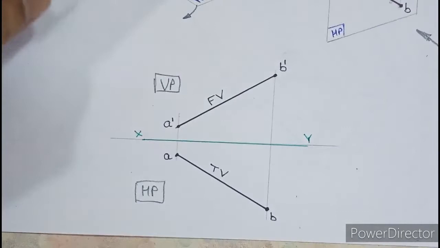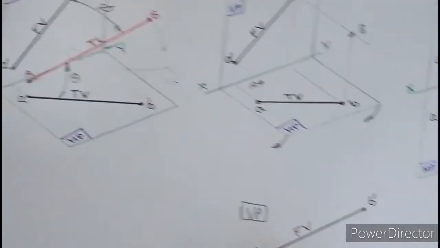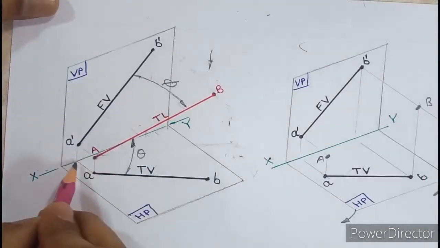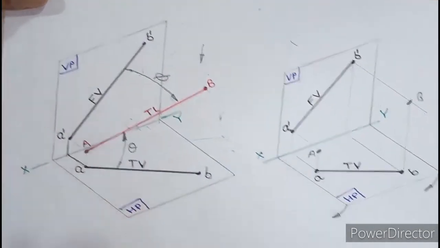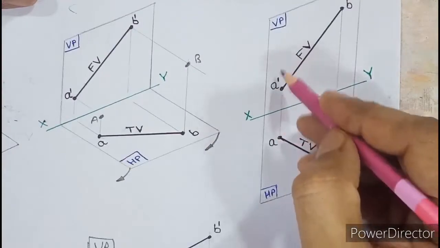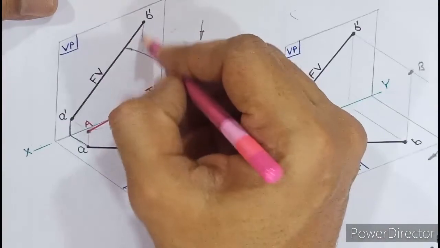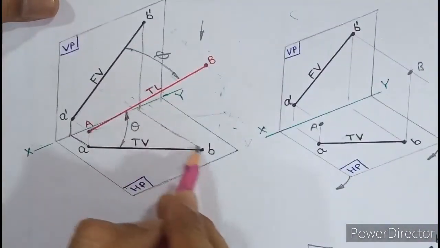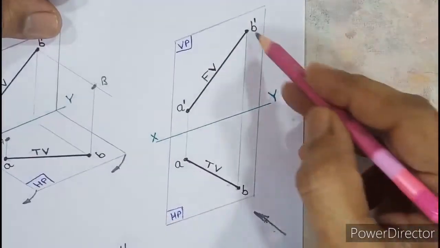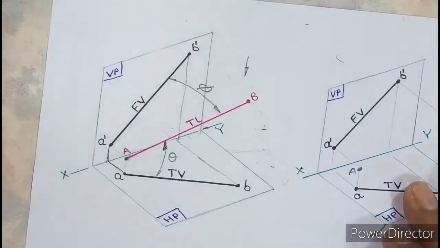What was the long form of DBP? DBP stands for distance between end projectors. As you have seen in this diagram before also, A dash and A lie in the same level. Similarly, B dash and B will also fall on the same level. So what was DBP in that case?